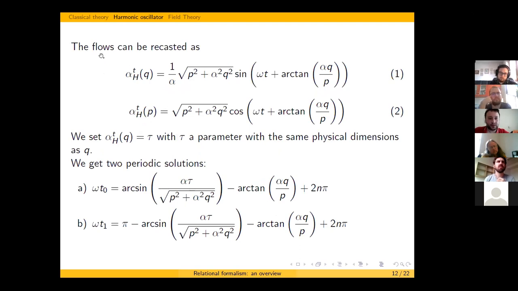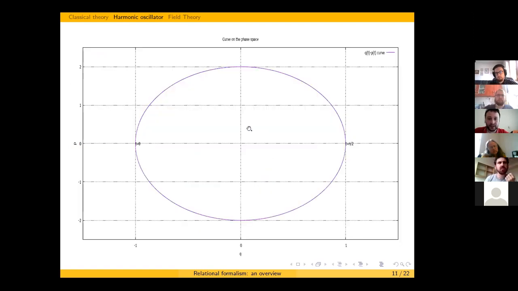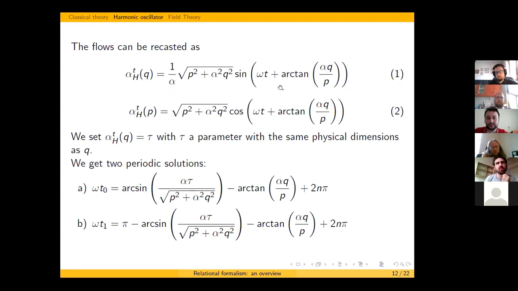I just want to say that this flow here, the first one and the second one, can also be written in these two forms. So that when we set this first flow to be tau, and of course tau has the physical dimension of Q, namely the dimension of the position of the harmonic oscillator, then we can invert this relation.